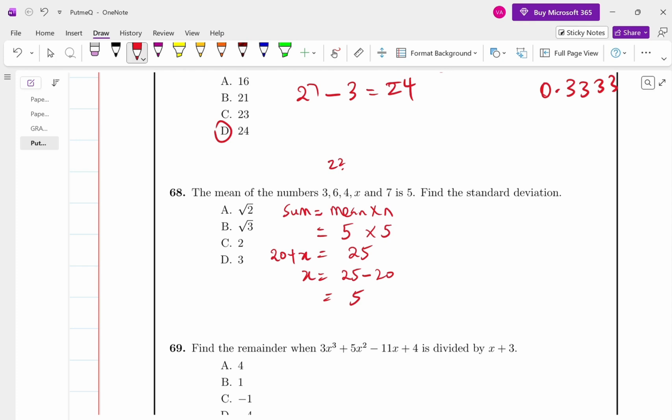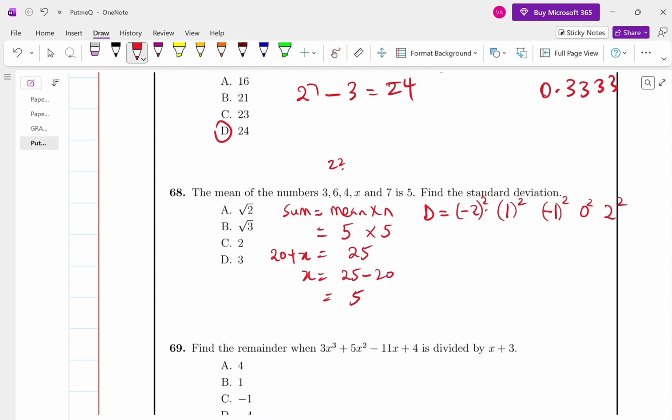Okay. So what we're going to do here is find our standard deviation now. So let's get our deviations first. The numbers we have are 3. The mean is 5. 3 minus 5 is minus 2. 6 minus 5 is 1. 4 minus 5 is minus 1. x is 5, so 5 minus 5 is 0. And then 7 minus 5 is 2. So we're going to take the square of everything here, and then add it up.